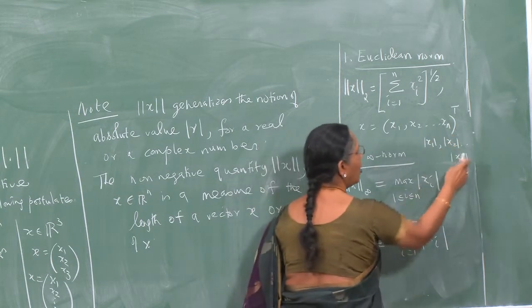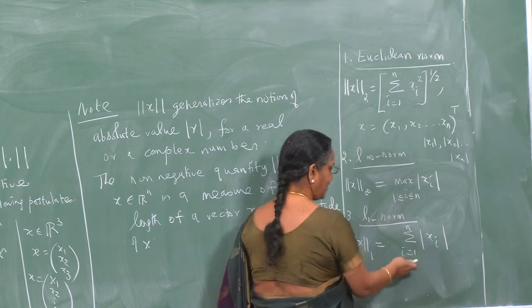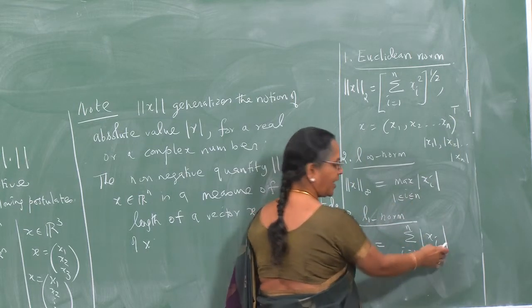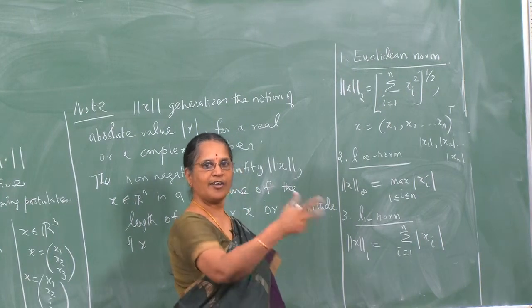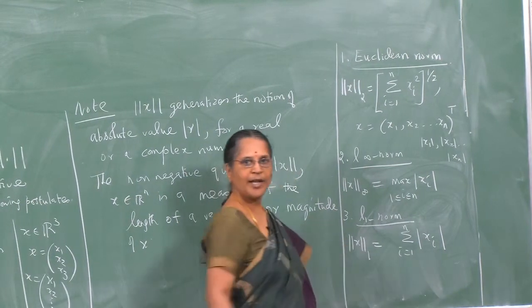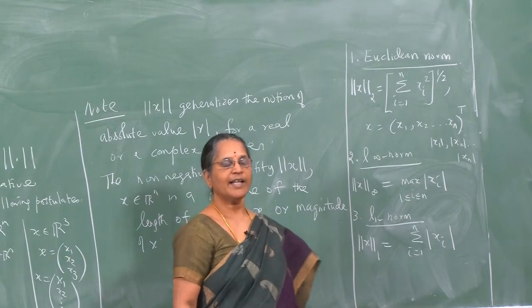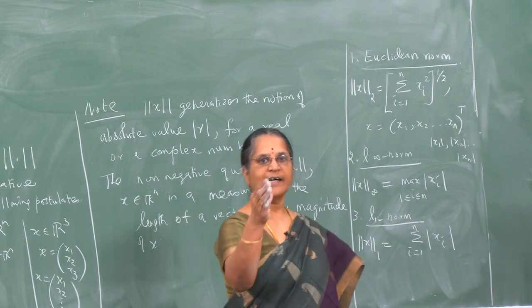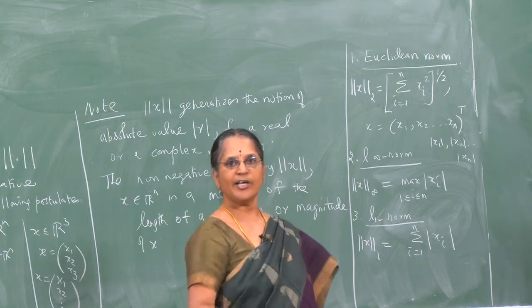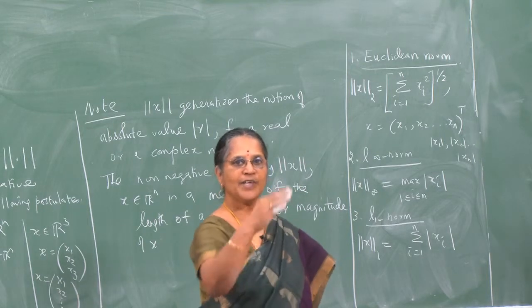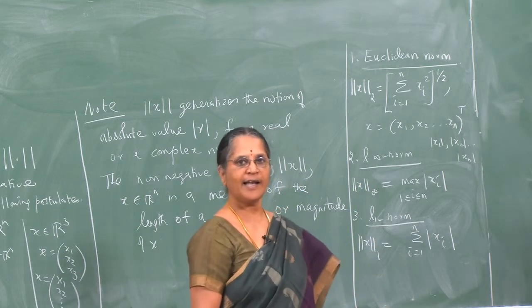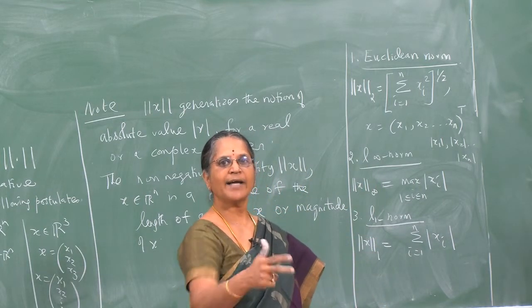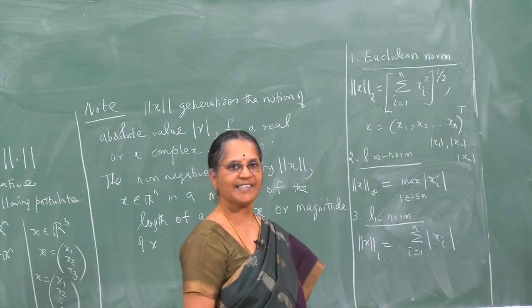I add them all. That is what I have done: sigma i equals 1 to n of mod xi. So, I have a real number, and this is what I call norm x1. So, given Rn and vectors x belonging to Rn, I can use any one of these definitions of norm on Rn and find out the magnitude of that vector x.